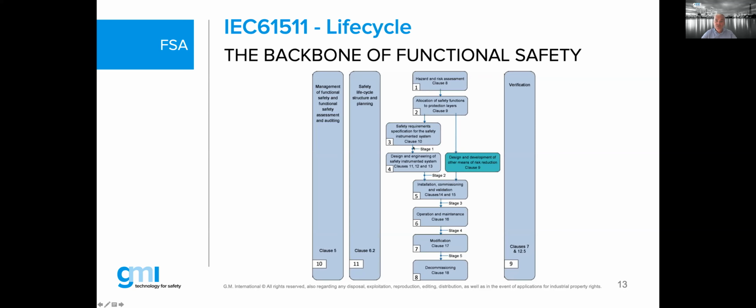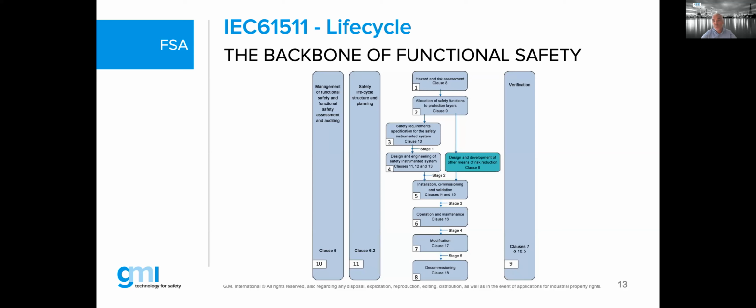And I just point you out here between phase 3 and 4, you can see here in the middle, it's showing you stage number 1. And stage number 1 is the first moment where the IEC 61511 standard will recommend as a normative requirement, that means it's a must-do, that you will carry out a functional safety assessment. The way I set up this webinar is as follows.